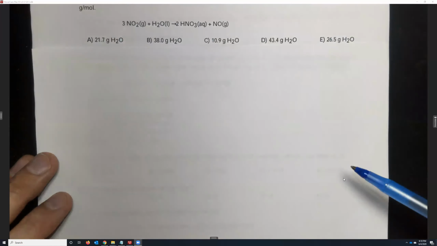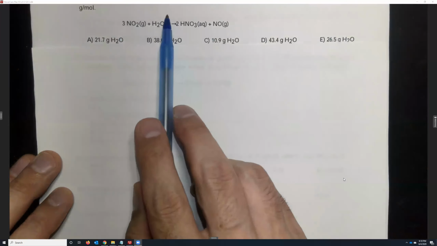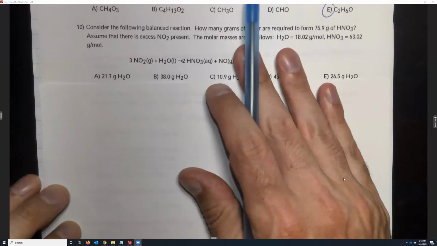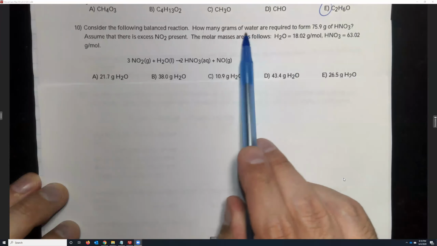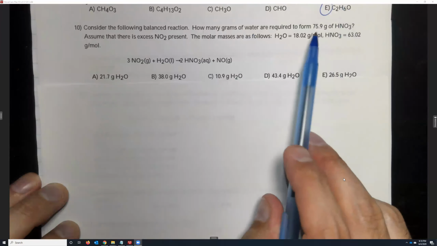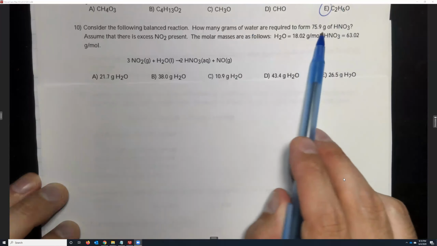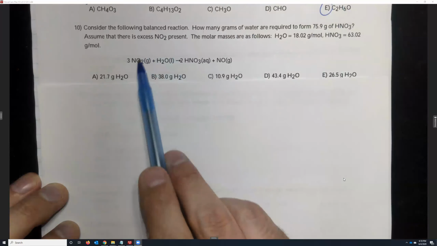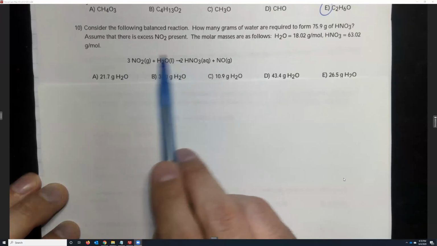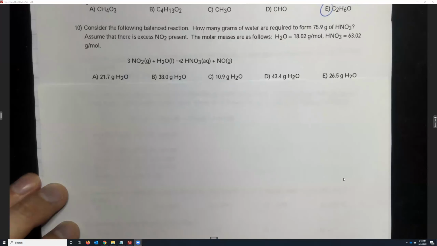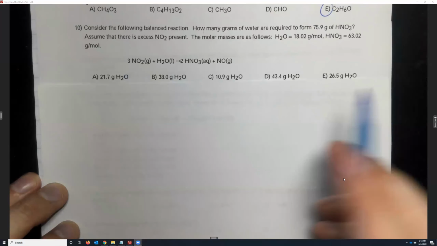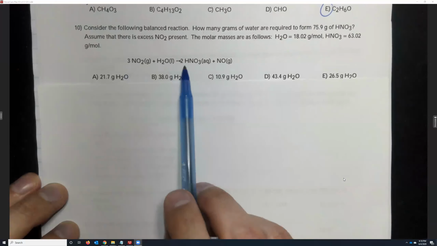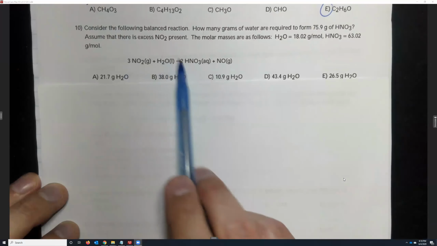So here's how this works. We're automatically told that water is the limiting reagent and that we want to form 75.9 grams of nitric acid. So by being told that this is in excess, then we know that water is the limiting reagent. So what do we need to do? Well, if we use the balanced chemical equation, we can convert moles of this to moles of water.